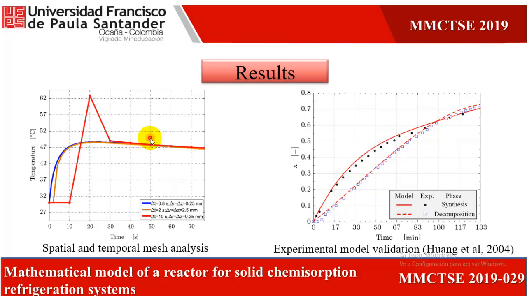And it is observed here, in the experimental model validation, that the model has a very good correlation to those results obtained from the experimental validation. One is for the decomposition phase, we can see here, and the other one for the synthesis phase. It was found that the absolute error was less than 6%, and this emphasizes the precision of the model.